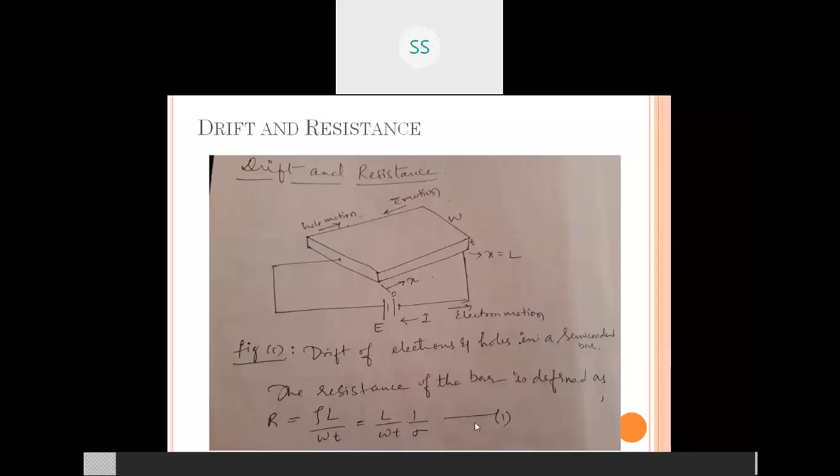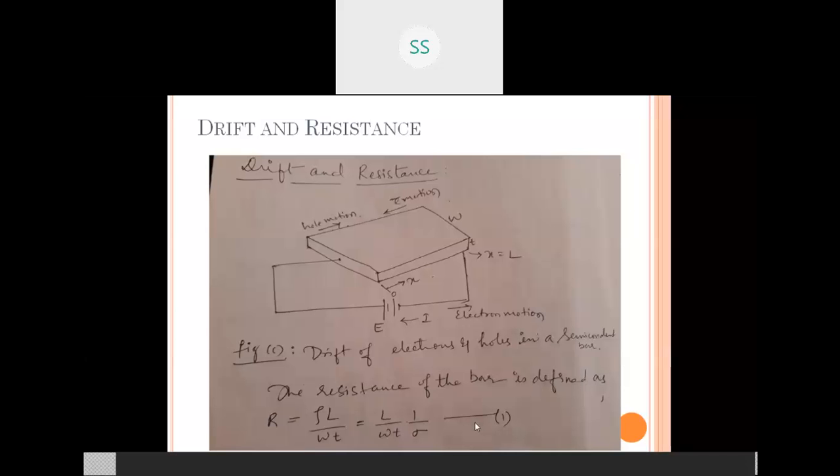Now what we are trying to understand from this relation is the drifting of carriers, which requires one criterion. Holes move in the direction of the electric field, whereas electrons move in the opposite direction, and this is shown in the picture.